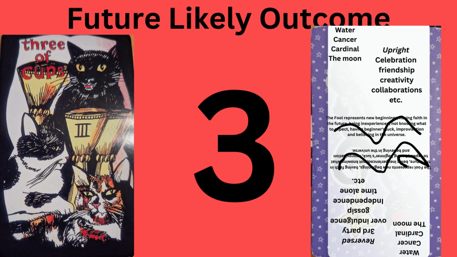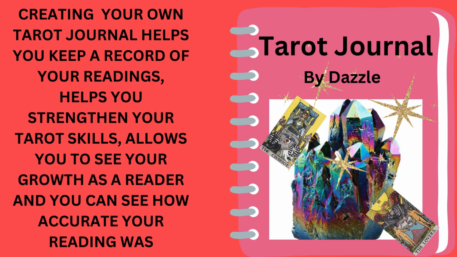So with the 3 of Cups in the future position, you know it's a water sign. You know it's a Cancer. Cancer is a cardinal sign. And the planetary alignment is the moon. So upright, we're talking about celebrations, friendship, creativity, collaborations, etc. Right? And like I said, the condensed meaning will be right here, where the scribbly lines are. So let's go to the next one.